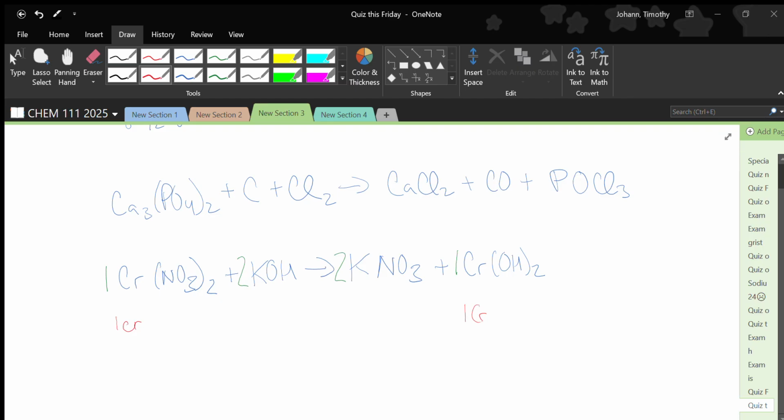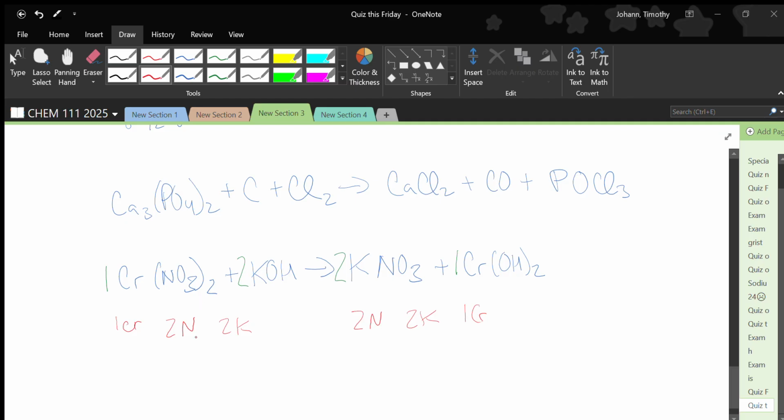So I'm going to have 2 nitrogens on the left-hand side, or the reactant side. How many nitrogens on the product side? 2 nitrogens, okay. So we're going to do 2 nitrogens there. Let's see, how many potassiums on the left-hand side? 2 potassiums, right? And 2 potassiums on the right-hand side. Do you see that?